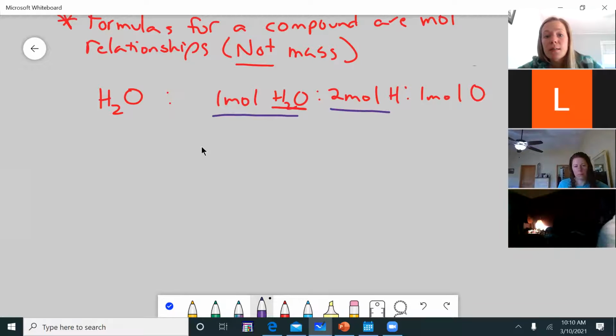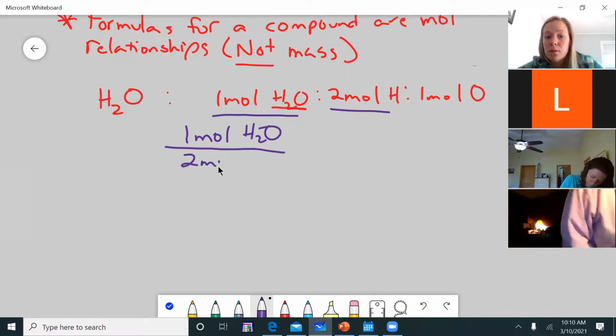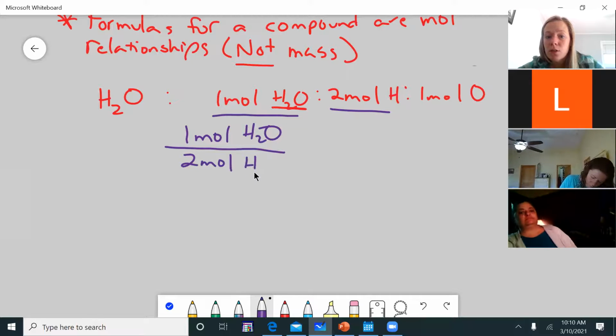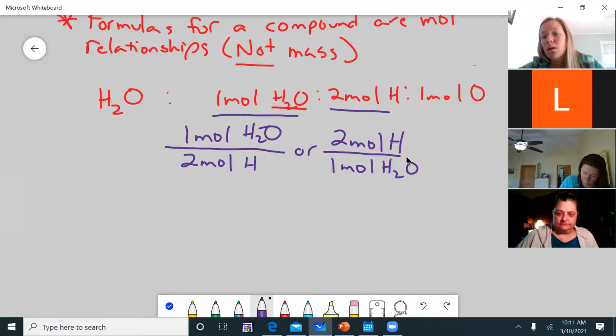This I could relate to this. So I could say 1 mole of H2O will yield 2 moles of hydrogen, right? Or I could write it 2 moles of hydrogen will yield 1 mole of water. Which one you use is really dependent on the direction you're going in the problem.